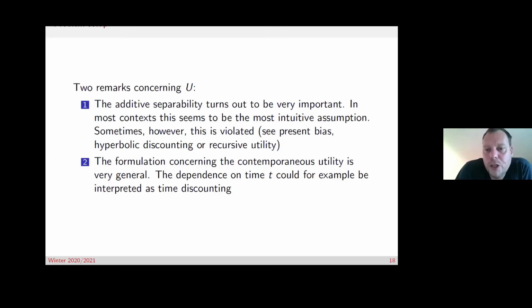For example, situations where you have time inconsistent discounting, or where you have recursive utilities, so where the reward of one period is a function of the reward of the last period, or things like addictive situations, or habit formation.